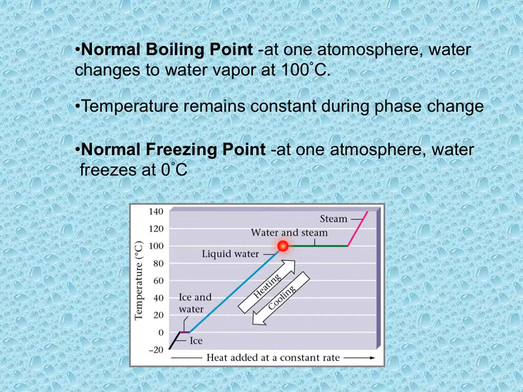So temperature remains constant during any phase change. When you're looking at the heating and cooling curve of a substance, the first plateau, the temperature at which that's occurring, is known as the normal freezing point. And of course, for water, that is 0 degrees Celsius.